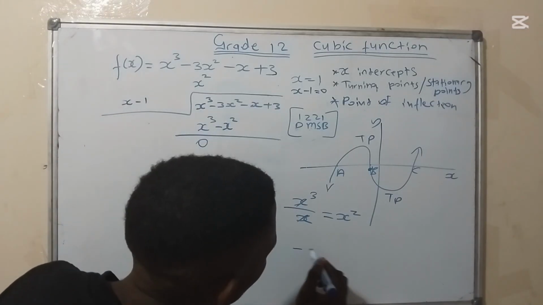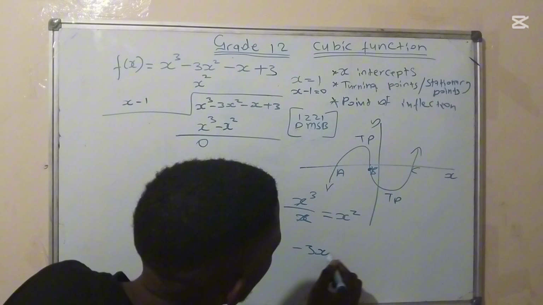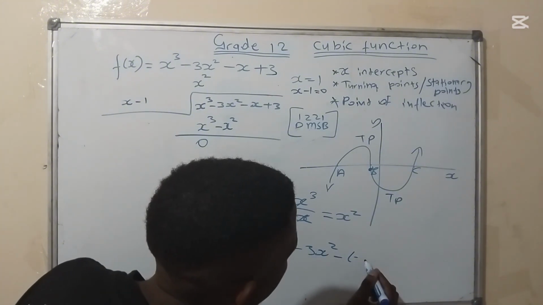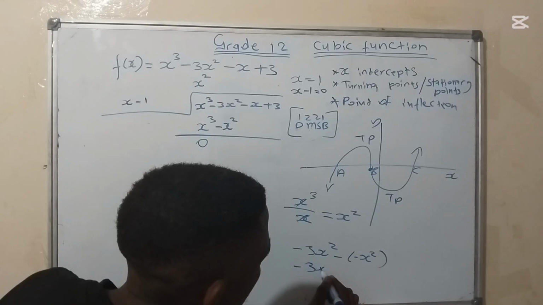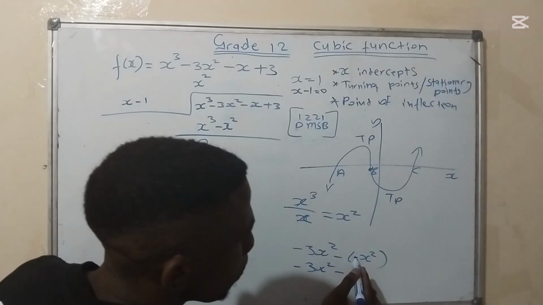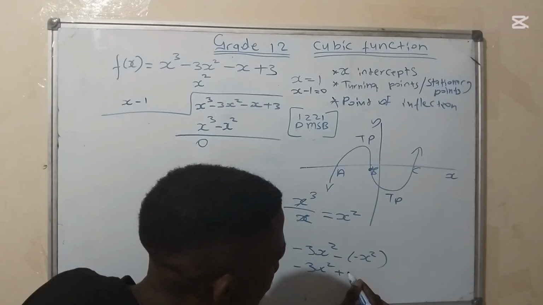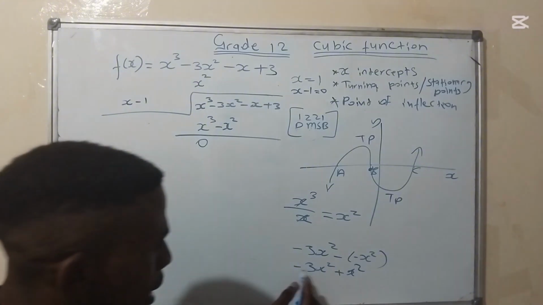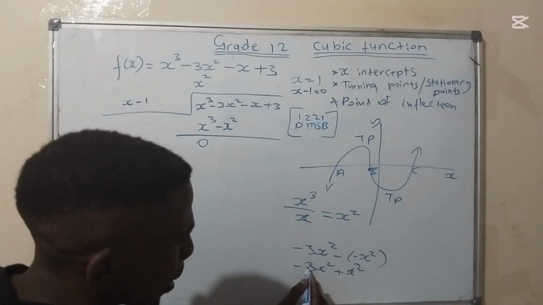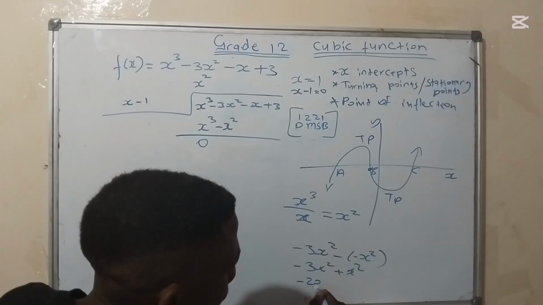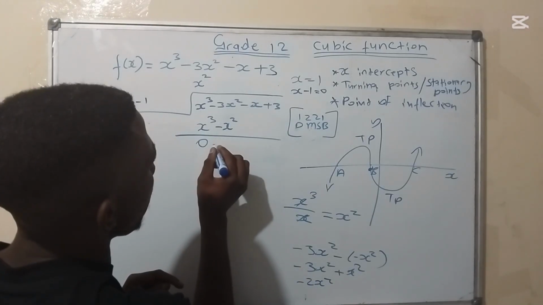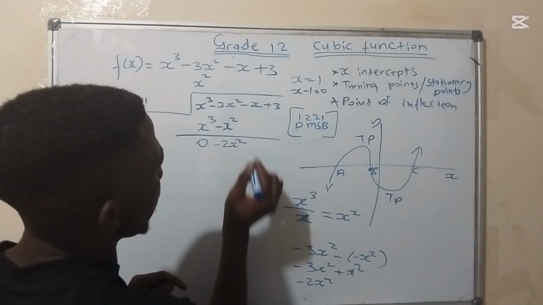Then minus 3x squared minus x squared. Minus multiplied by minus is positive, so minus 3x squared plus x squared is minus 2x squared, which means here we have minus 2x squared, right?